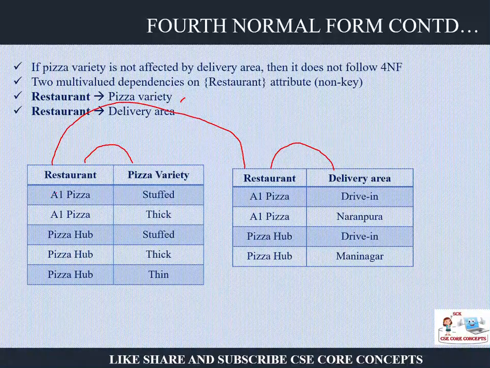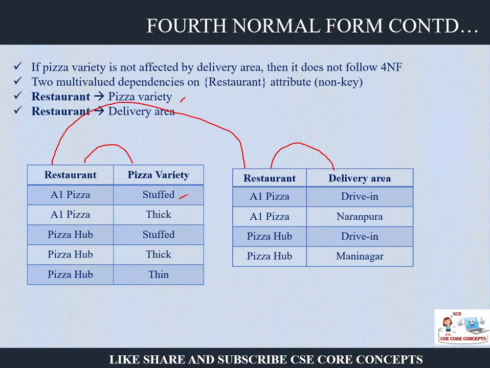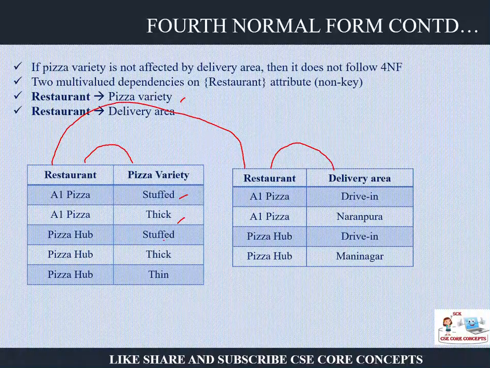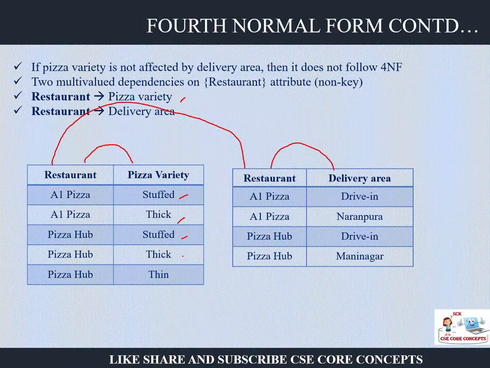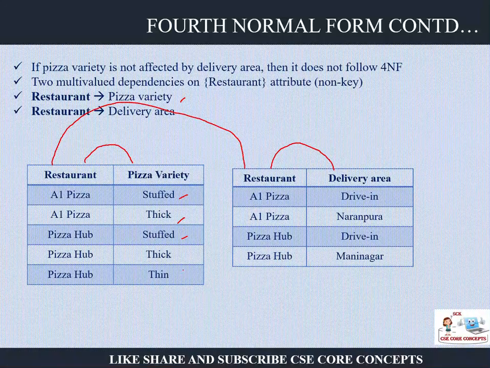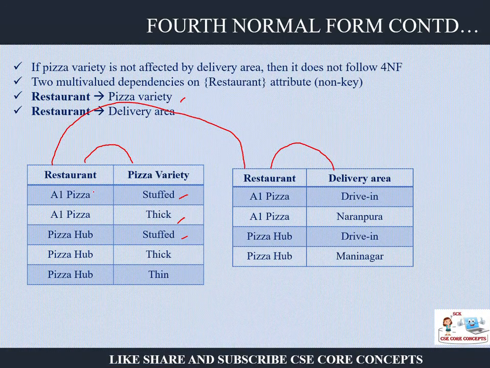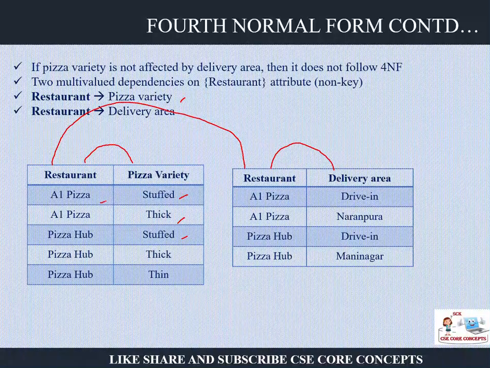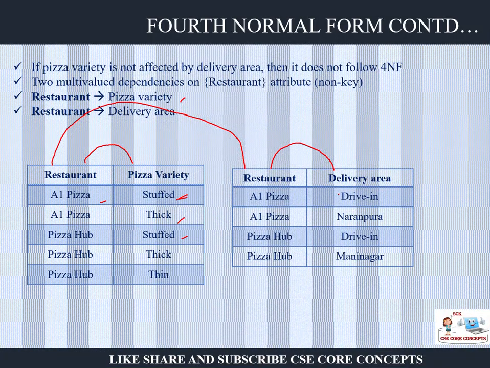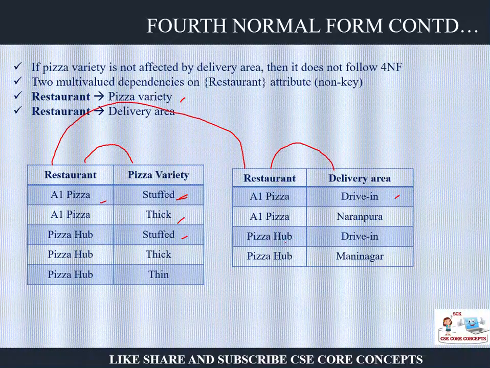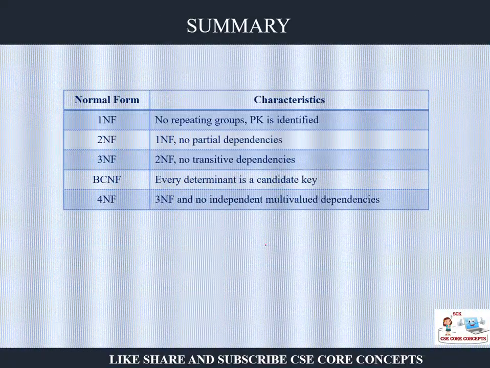Understood? So A1 Pizza serves stuffed and thick, and Pizza Hut serves stuffed, thick and thin pizza. So you can find out from this relationship that A1 Pizza serves stuffed in the drive-in area. Understood? So this is how the relationship goes in the fourth normal form.